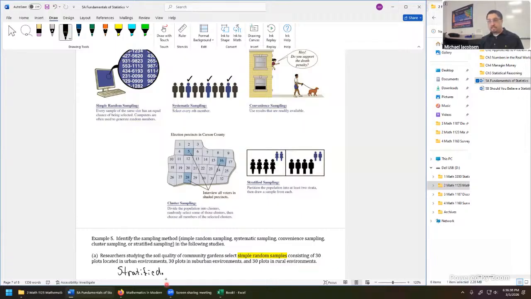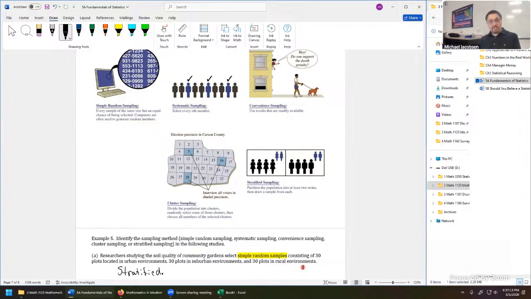And for these kinds of problems, you don't have to give a full explanation, just the output is fine. If you gave the explanation, it wouldn't hurt. You're convincing yourself as well. So that's a great strategy. But really, you'd just be restating the definition. The explanation is we took the population of all plots for community gardens, then we broke them up into subgroups or strata, urban, suburban, rural, and then we took a simple random sample from every strata that we identified, every single subgroup.